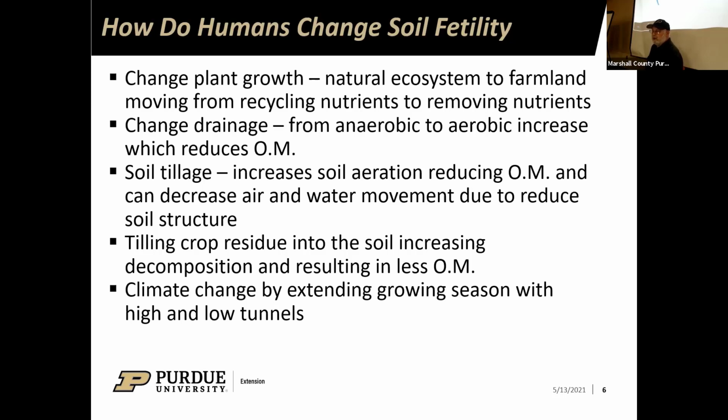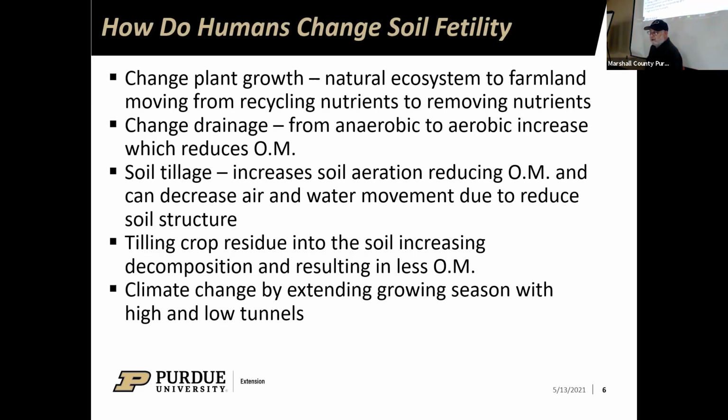And so initially, the increased aeration will reduce the organic matter in the soil, but air and water movement can be hampered if we impact soil structure, so it doesn't allow easy flow of both. Again, I had soil tillage twice, so ignore that.